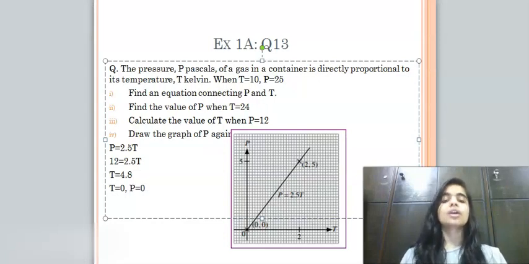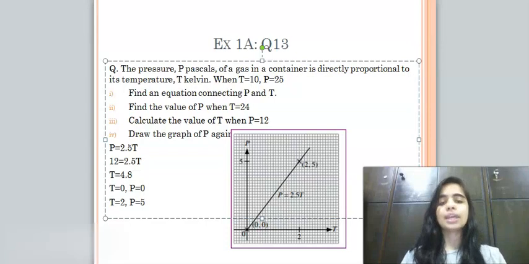Okay. So one value is 0, 0, and then let's take another simple value. So we took T is equal to 2. So when we did T is equal to 2, the value of P was 5, because 2.5 multiplied by 2 will give us 5. So this was 5.